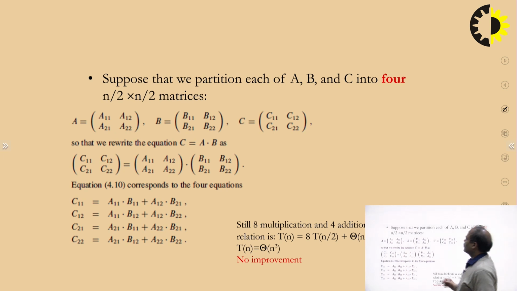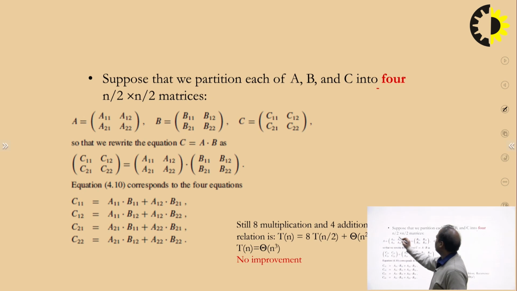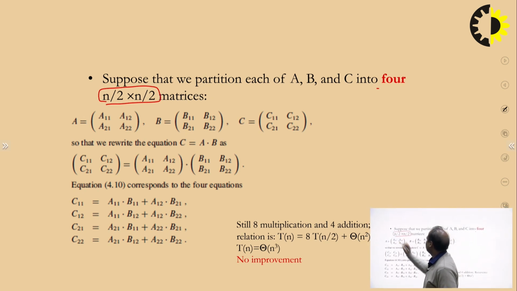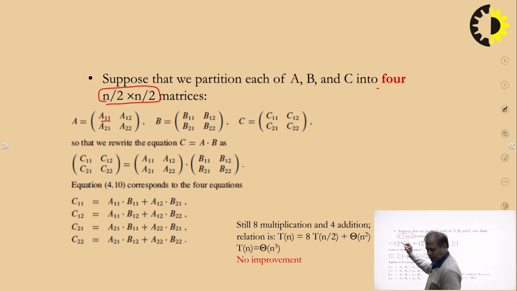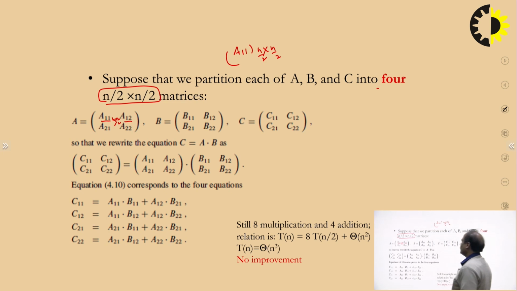So see this, suppose that we partition each of A, B and C into 4 n by 2 matrices. This is 4 matrices of n by 2, clear. So here A11 is n by 2 cross n by 2. This is also n by 2 cross n by 2, right. All the individual matrices are still n by 2 cross n by 2.